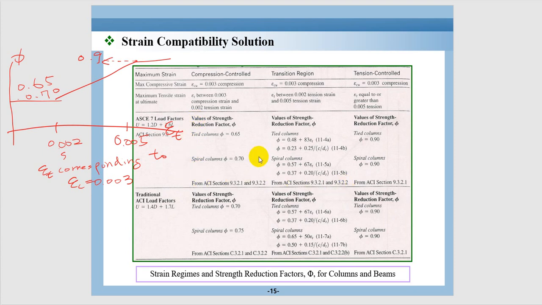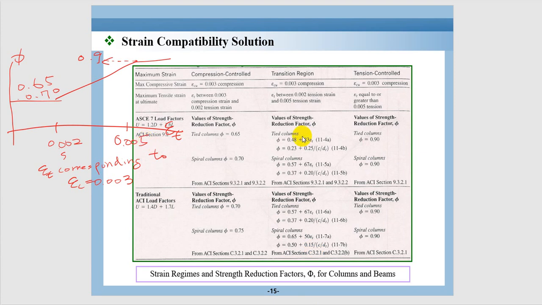And here, this is very important. Actually, this is not ACI, this is ASCE 7, sorry about that. And you have another equation for ACI here. This is the ASCE 7 load factor section, you will find them. And here, traditional ACI load factors can be found, and in between these two regions the equations are a little bit different but similar.